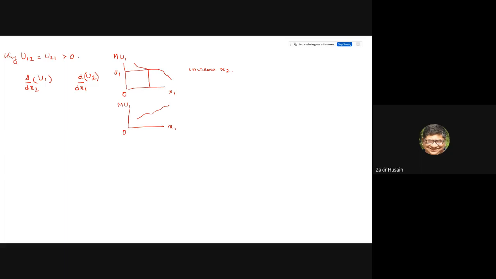It will simply be a shift in the marginal utility curve. What will be the shift? For the same level of x1, what will happen to the marginal utility? It should go up. Think about it. Shouldn't it go up?